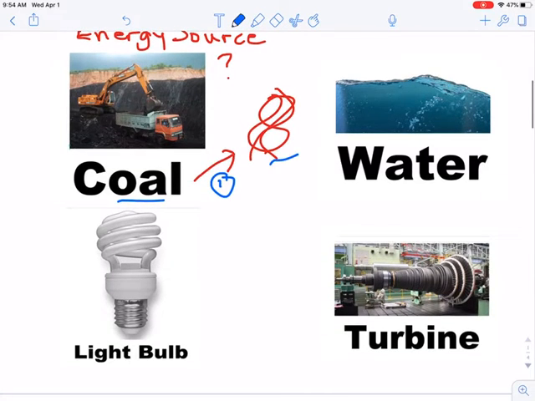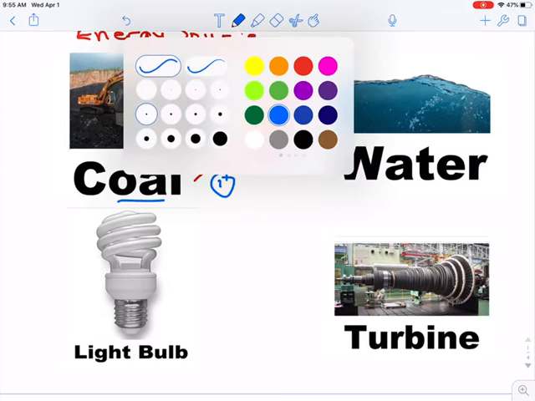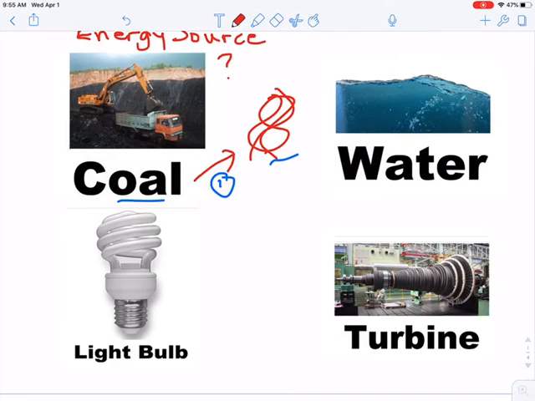Okay? So then that energy from this fire is heating up water. The water is then going to turn into steam. And the steam is going to be funneled and it's going to turn a turbine. So this turns very quickly.